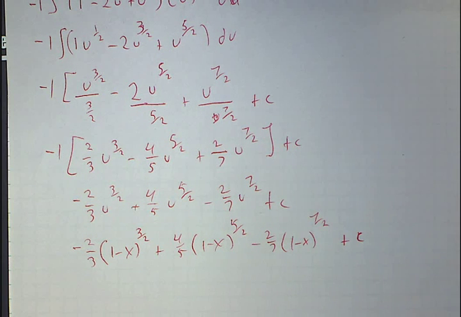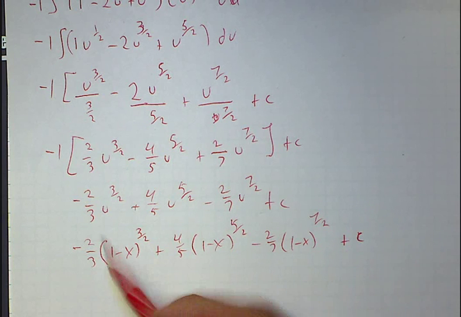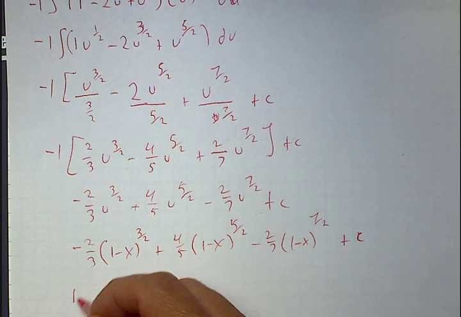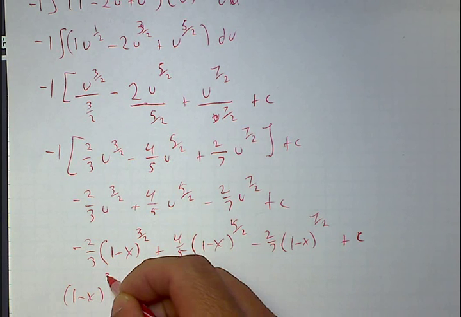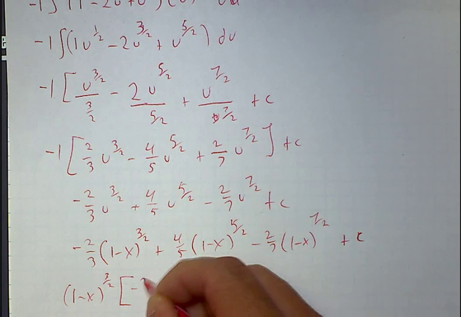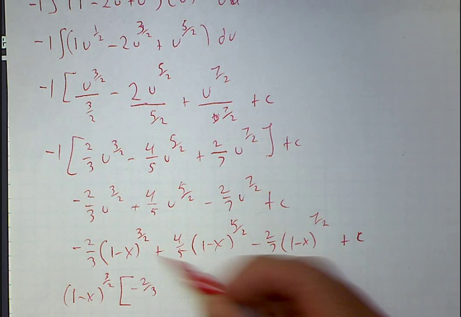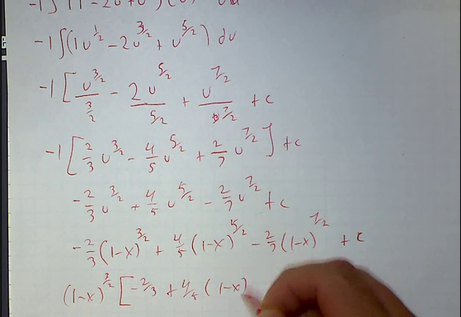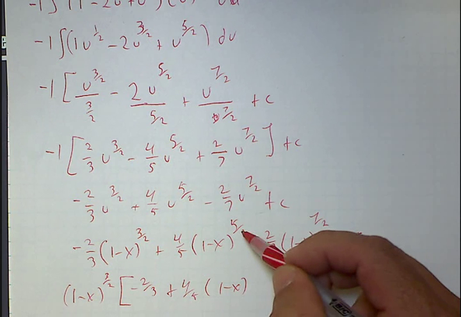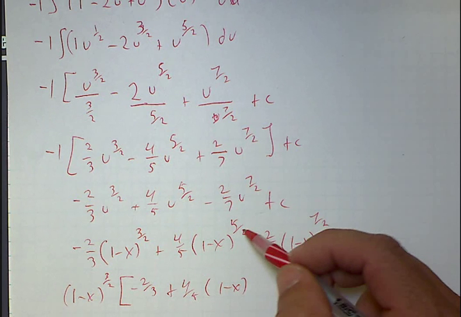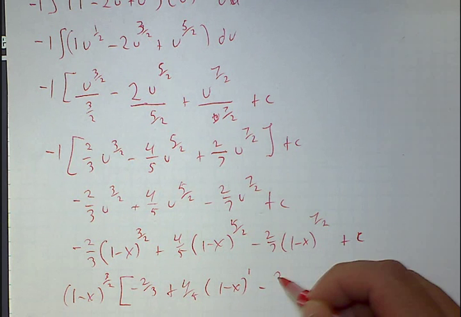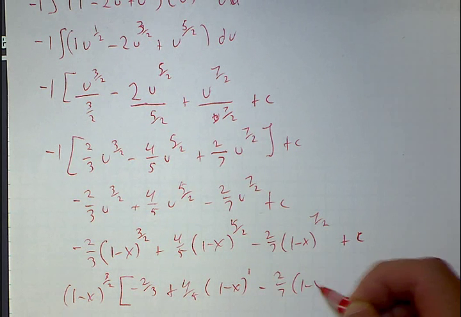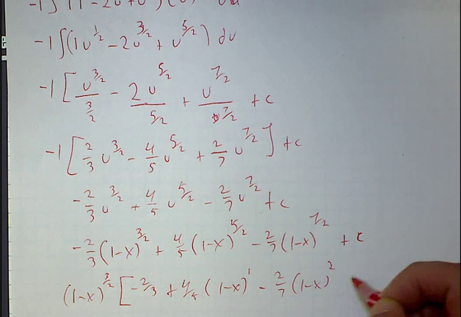And then if I want to go one step further, I could undistribute the smallest one out, giving me (1 minus x) to the 3/2 times the negative 2/3, I took all that out, plus 4/5 (1 minus x) to the 1, since 5/2 minus 3/2 is 2/2, that's a 1, minus 2/7 (1 minus x) squared, plus c.